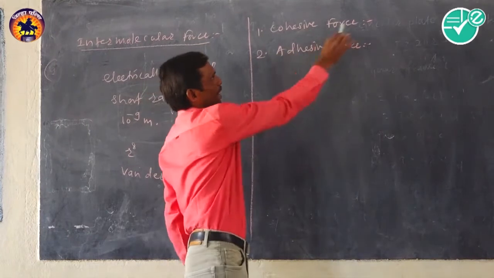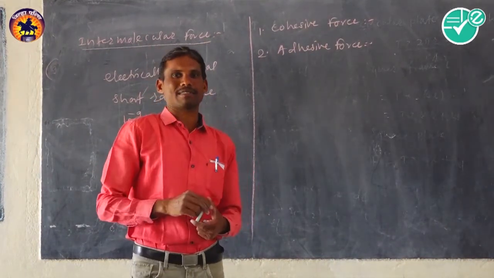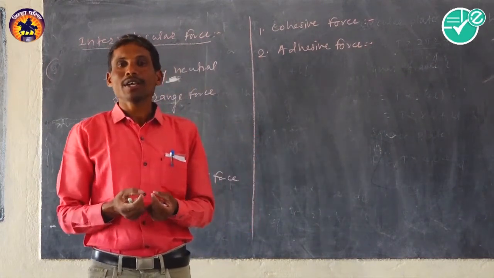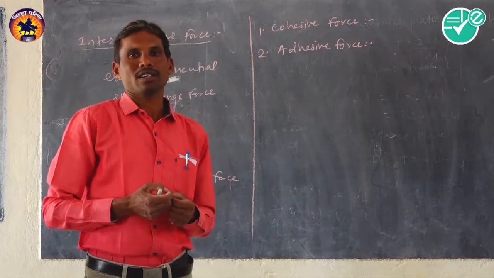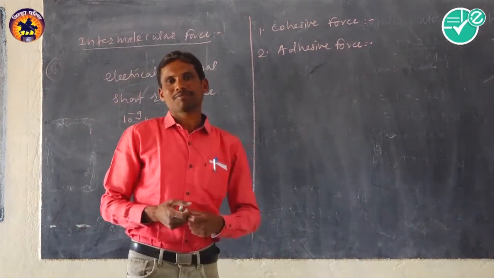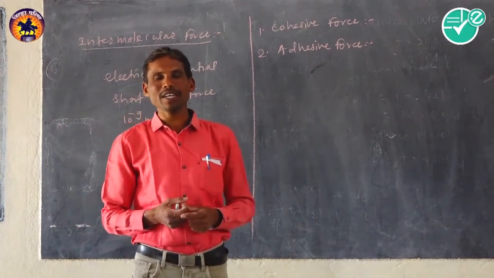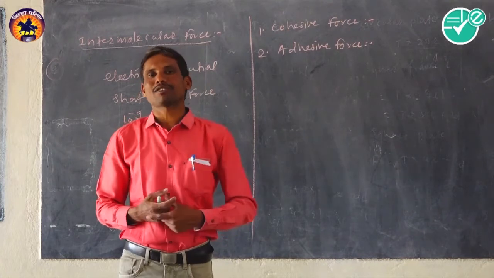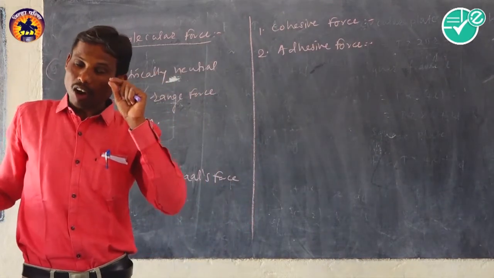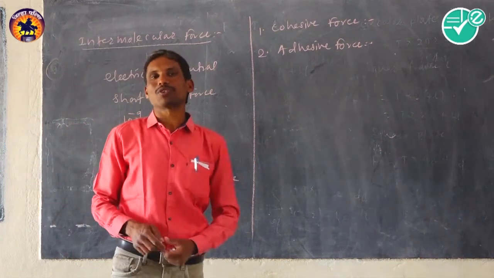It is the force of attraction between any two molecules of the same substance, for example, the force of attraction between two molecules of water or two molecules of air. What is meant by adhesive force? It is the force of attraction between any two molecules of different substances, for example, the force of attraction between a water molecule and an air molecule.